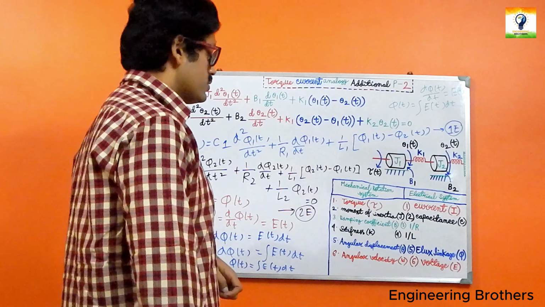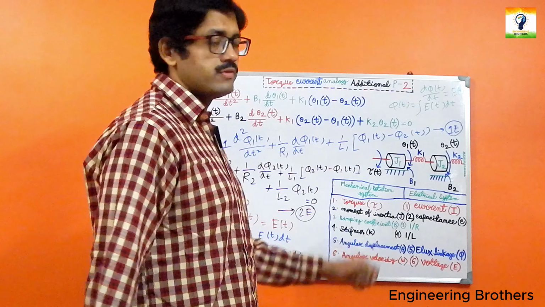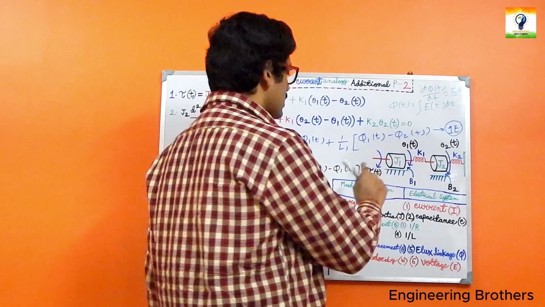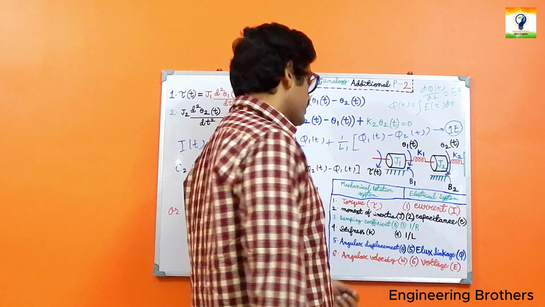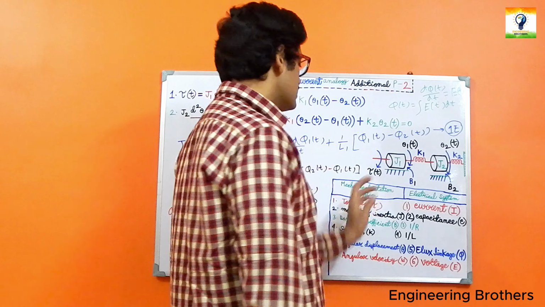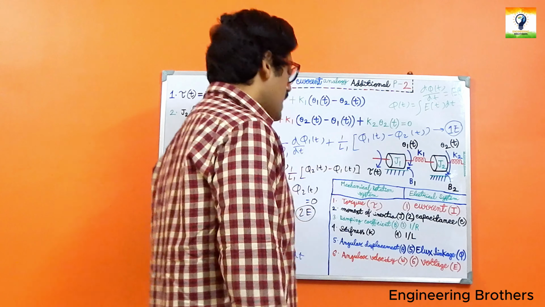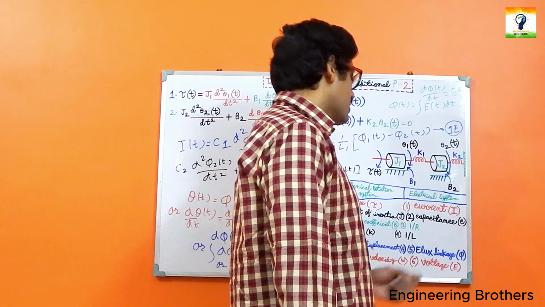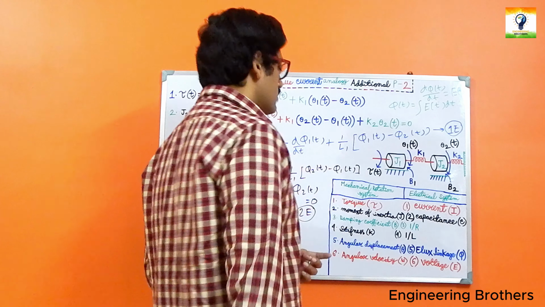So according to that table, the torque is analogous with current, the moment of inertia is analogous with capacitance, the damping coefficient is analogous with 1 by r, the stiffness k is analogous with 1 by l, angular displacement theta is analogous with flux linkage, and the angular velocity is analogous with voltage.